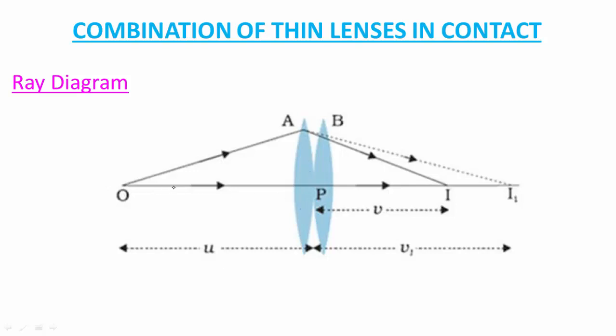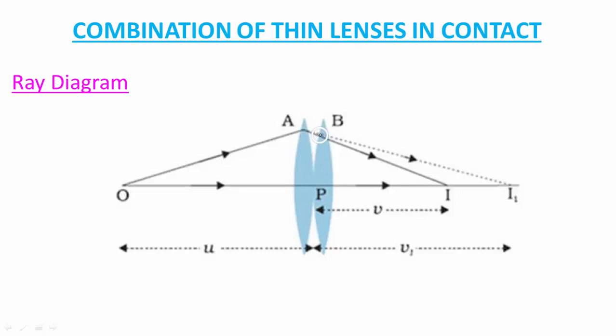Now on this principal axis I am going to keep an object O. From this object O, two light rays are emitted. The first ray travels along the principal axis, so it is undeviated. The second ray is incident on the first surface of lens A. We know that a lens is bounded by two surfaces.